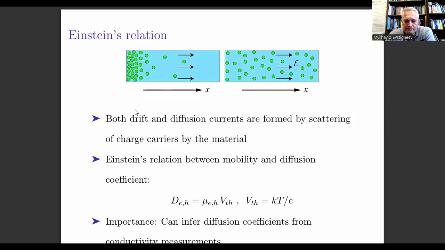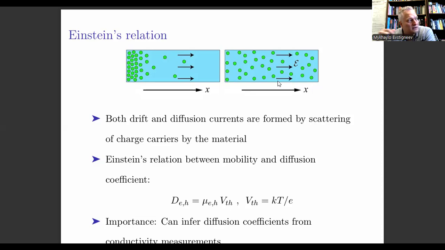Now let us try and understand why this relation holds. At the most fundamental level, the same thing happens to the charge carriers when they drift in the electric field or when they diffuse. They collide with the crystal lattice. When they drift in the presence of the electric field, they collide with the vibrations of the crystal lattice and also with the defects and impurities present in it.